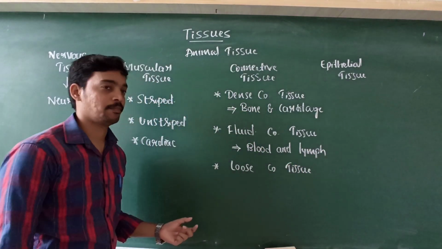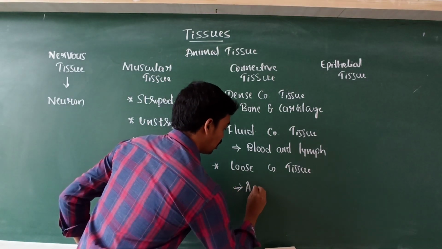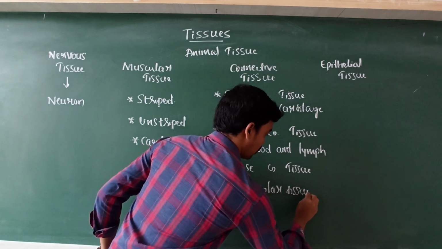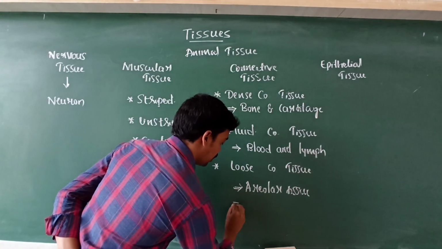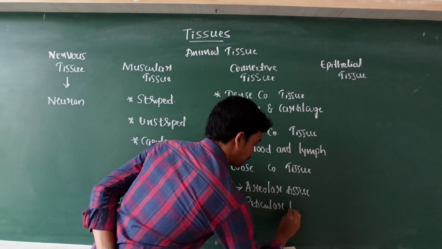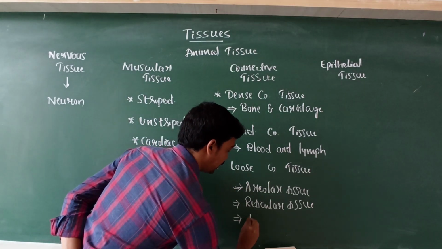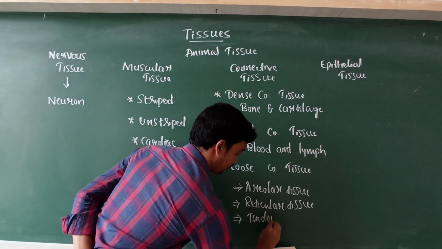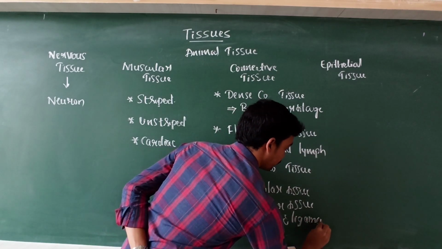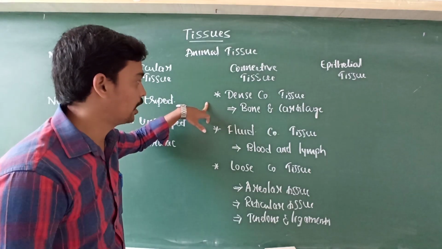Loose connective tissue consists of areolar tissue, reticular tissue, and the important ones, tendons and ligaments. This is the classification of connective tissue.